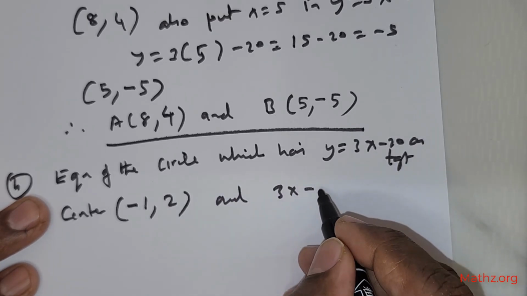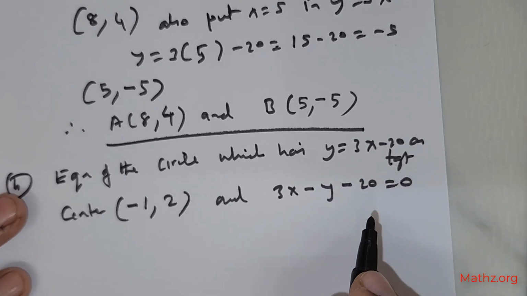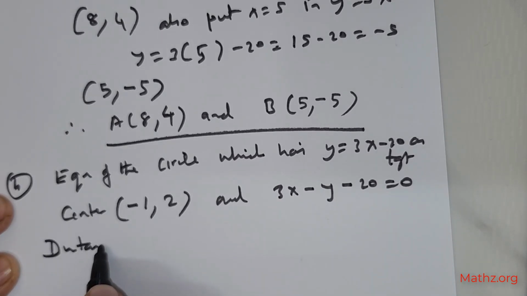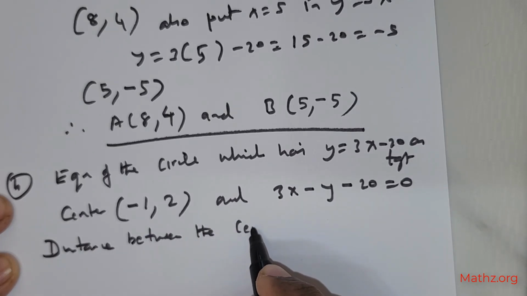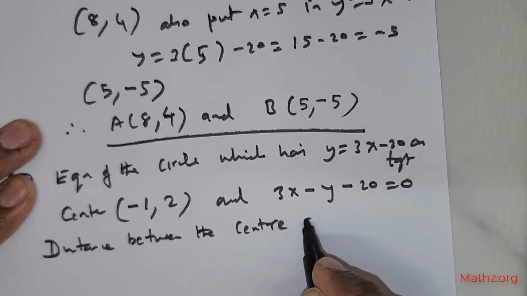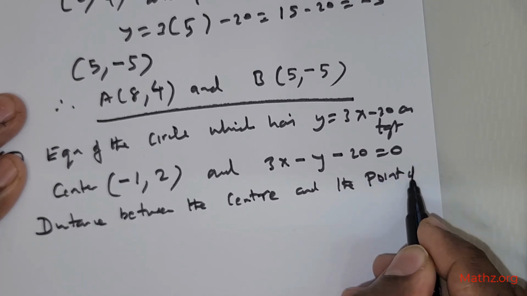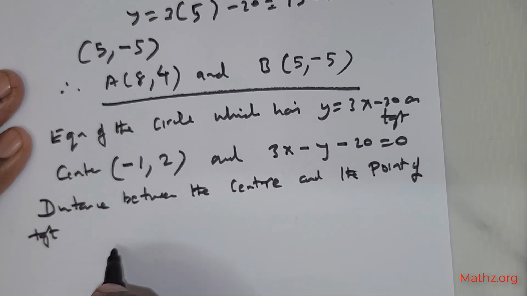So I'm going to write this as 3x negative y negative 20 is equal to 0. Now what we need to do is we need to find the distance between the center and the point of tangency. So that would mean we will have to use the distance formula.